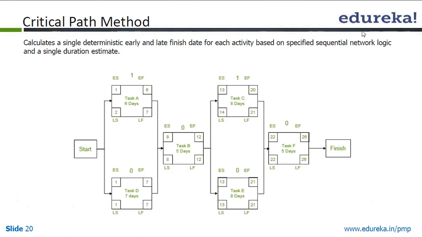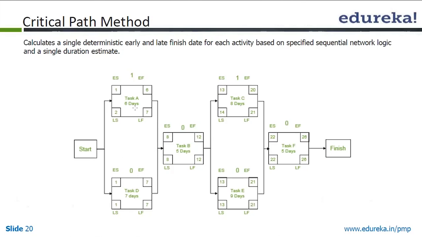Now how do we calculate that? We first do a forward pass, and in the forward pass we take the early start and early finish. The early start for the first activity is 1 day. As both the activities can start on the same day, we put 1 as the early start for both. 6 days is the duration of the task.